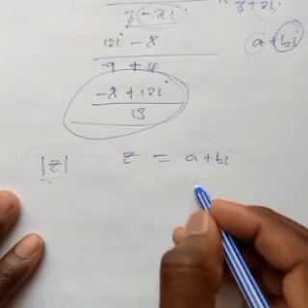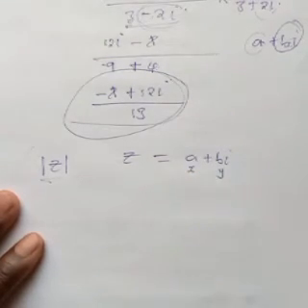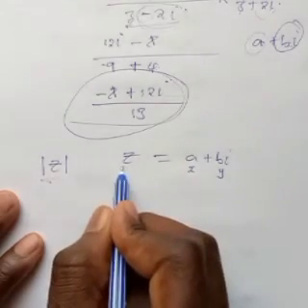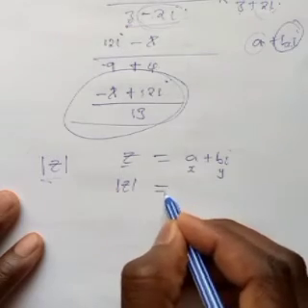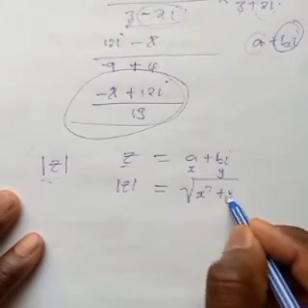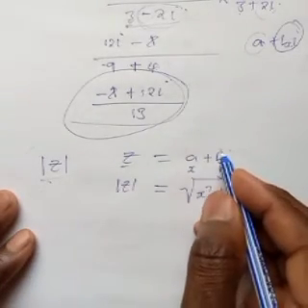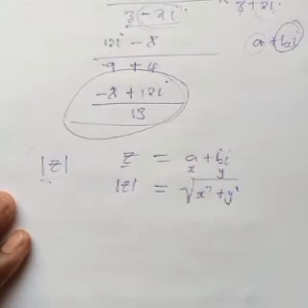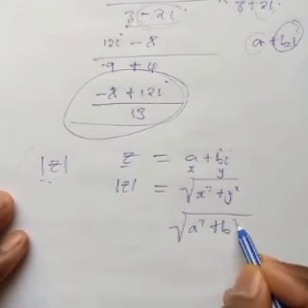How do you handle that? You're going to take this one to be your x, this one to be your y. So the absolute of z is going to be the root of x square plus y square. Here you take a to be your x and b to be your y. You're going to write it like this: root of a square plus b square.